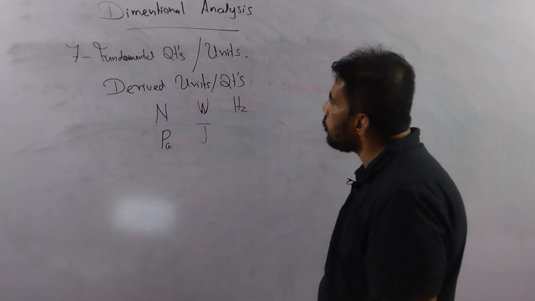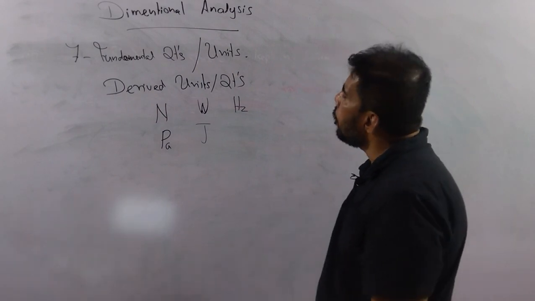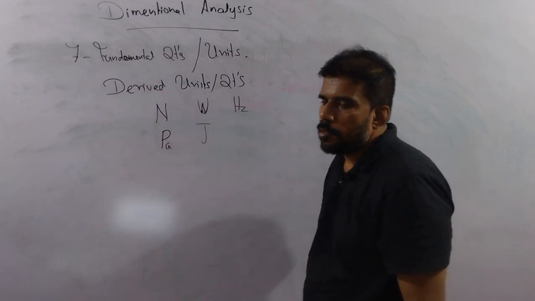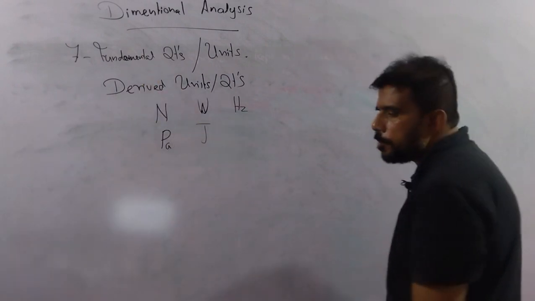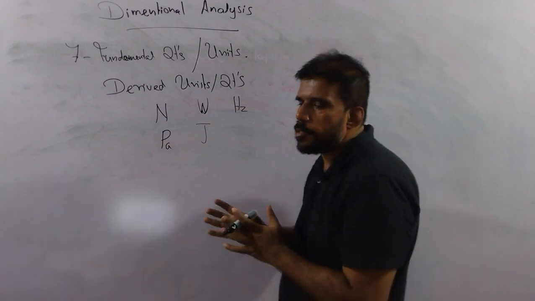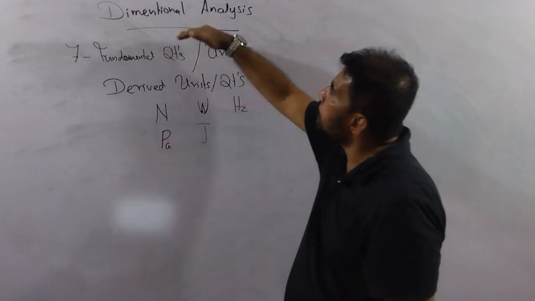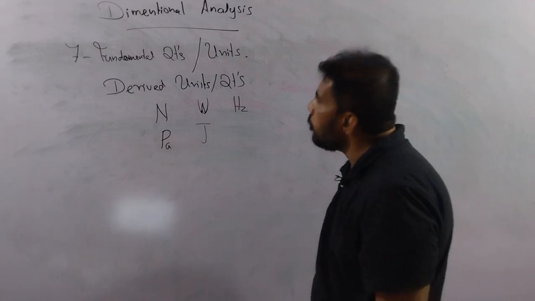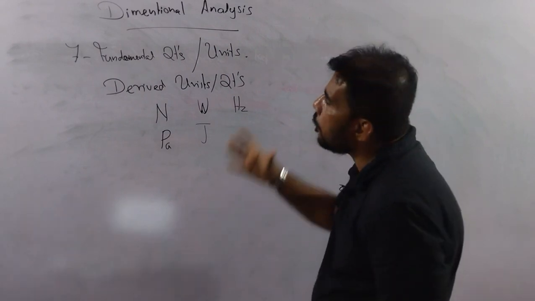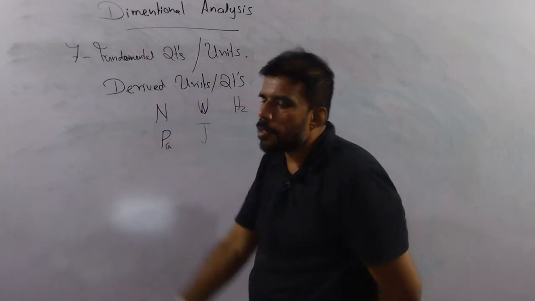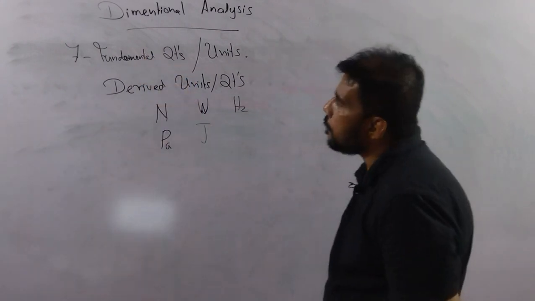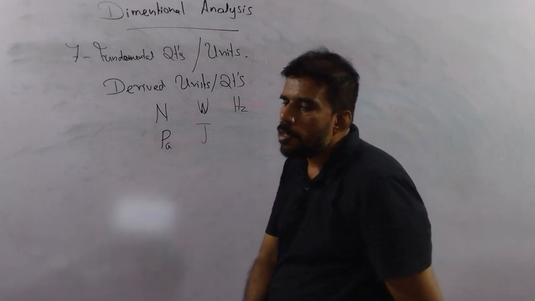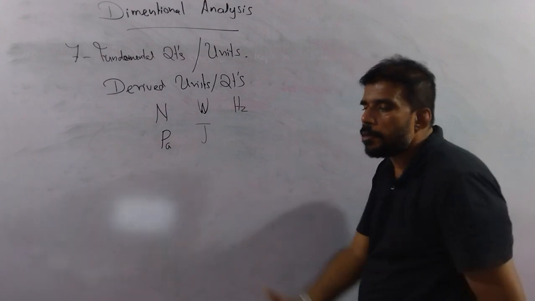But in some cases we need to understand the relationship between these fundamental units, and this sort of exercise is known as dimensional analysis. For that we define a symbolic representation of fundamental units or quantities. That symbolic representation of fundamental quantities or units is known as the dimension of the particular unit.